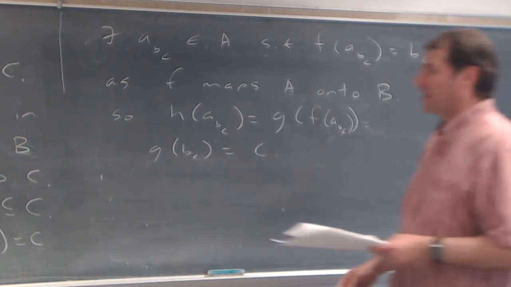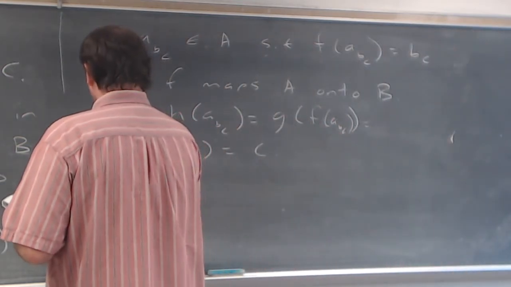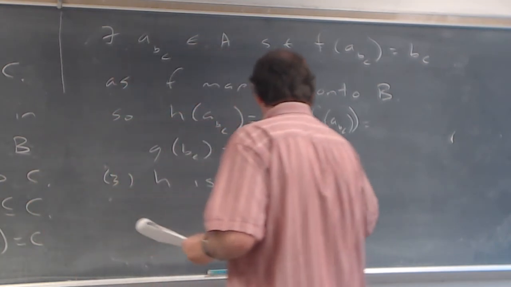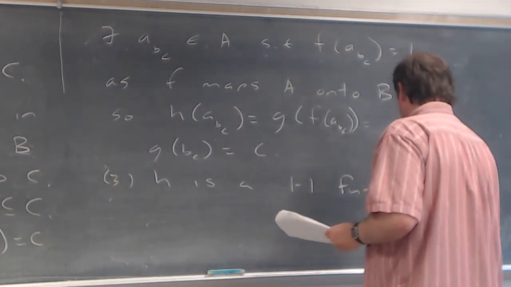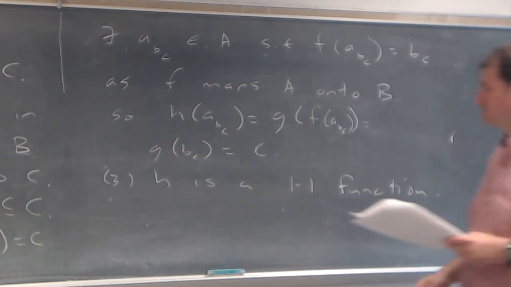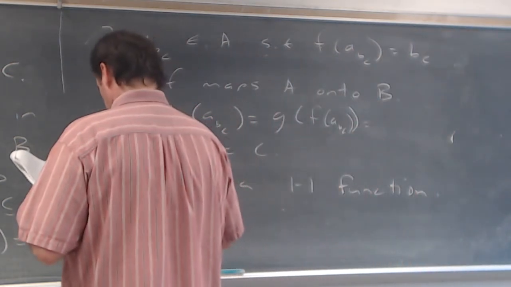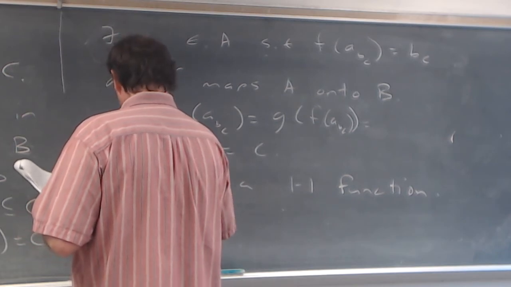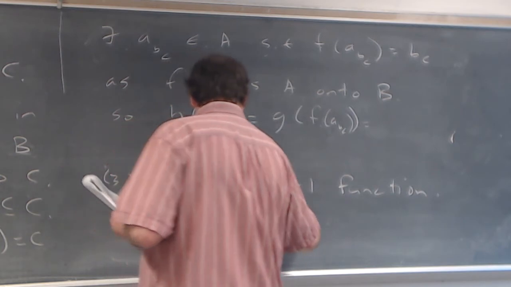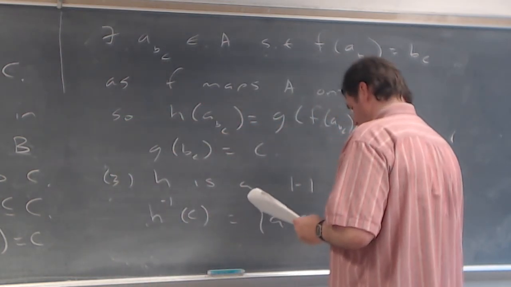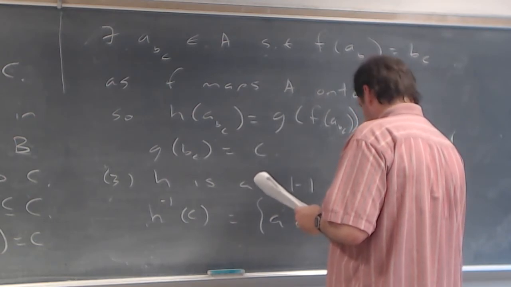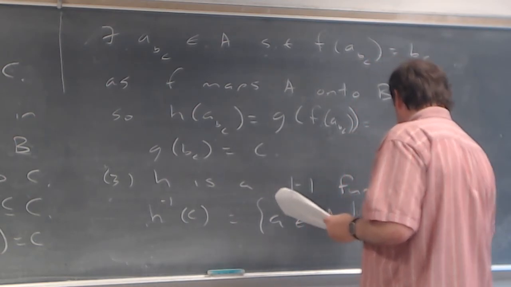And then the third thing that we'll claim here is that H is a one-to-one function. In particular, if you look at H inverse of some little c, it's equal to the set of all a's in A such that H of a equals c.